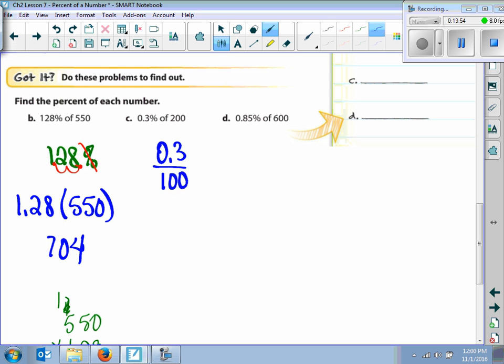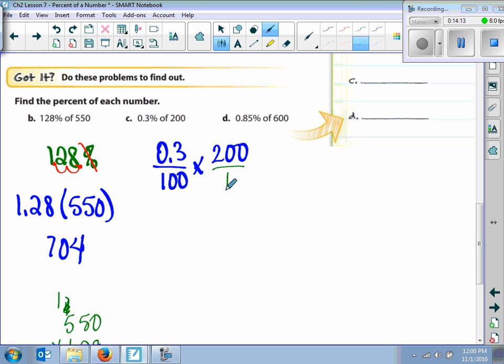Now, we want to multiply that times 200. So, times 200.